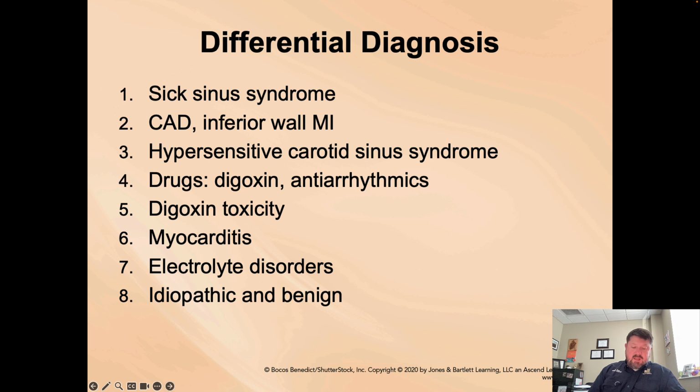The diseased node can alternate between very slow bradycardias and very fast tachycardias, sometimes called the tachybrady syndrome. Other causes include coronary artery disease or other effects on the myocardial tissue, hypersensitive carotid sinus syndrome, certain drugs such as digoxin, toxicity, myocarditis, some electrolyte disorders, and some other issues as well, or it could just be idiopathic and benign.